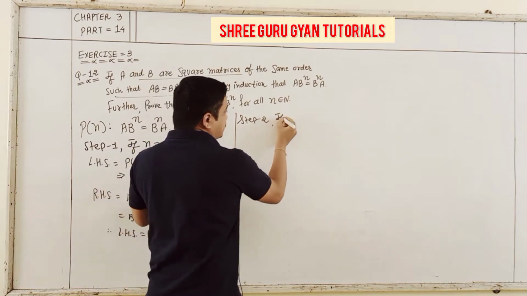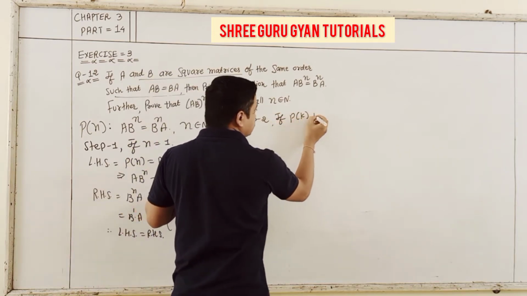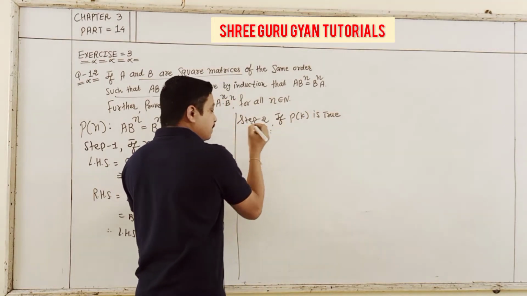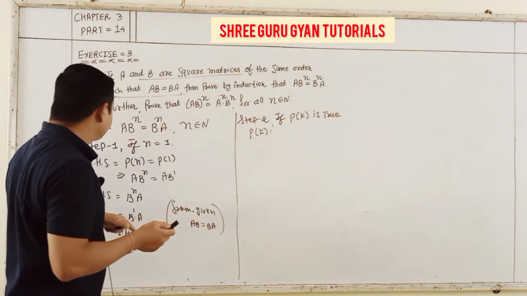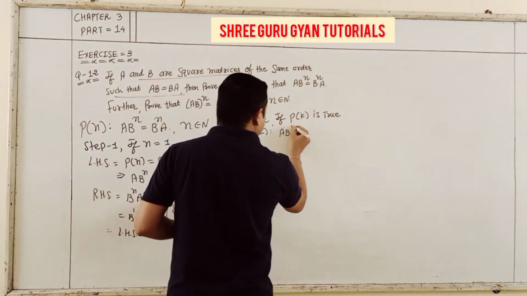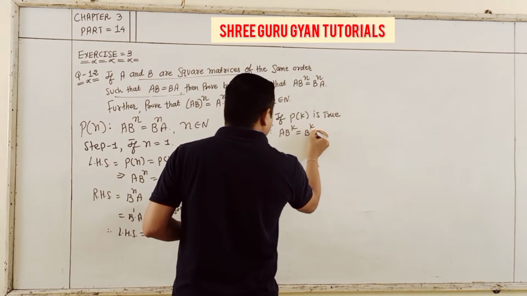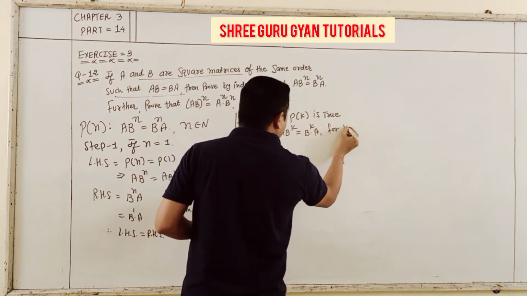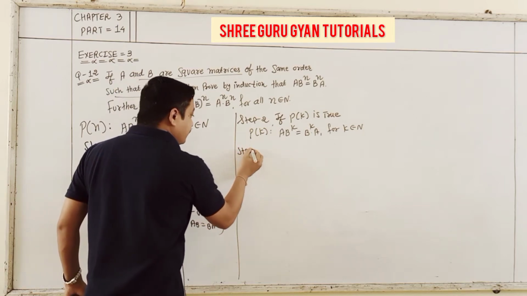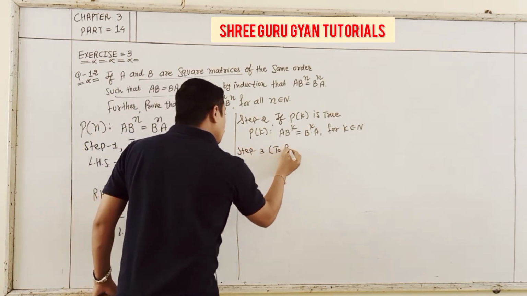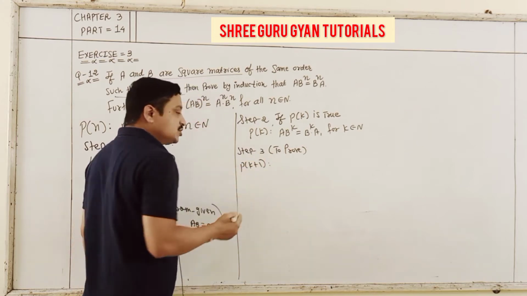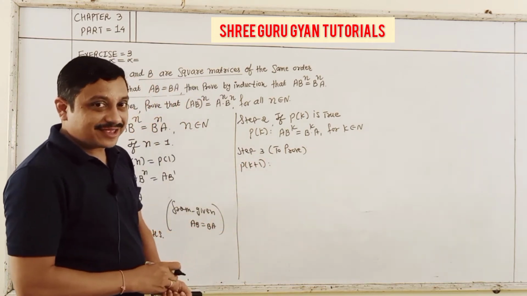If P(k) is true, you just apply our P(n) and write it as P(k): (AB)^k equals B^k into A for k belongs to natural numbers. And step 3 is to prove P(k+1). Just write k+1 in place of k.